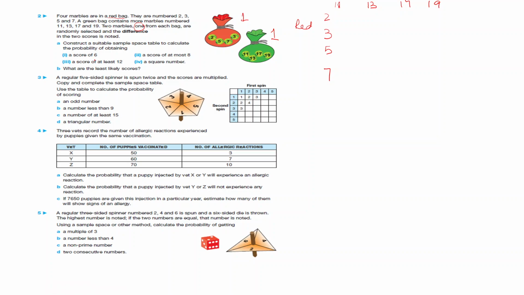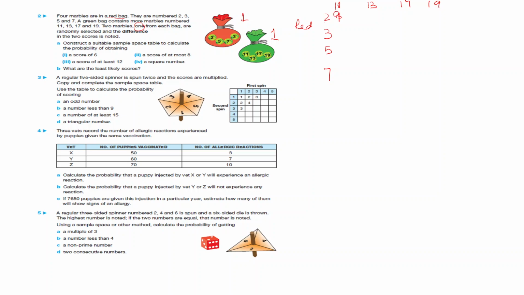Now, the probability of getting a score of 6. With what numbers can you get a score of 6? It's not a sum, it's a difference.